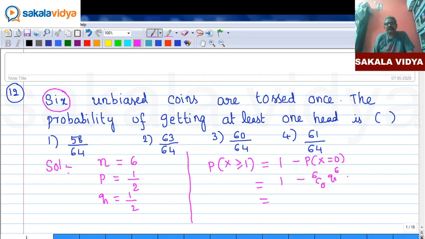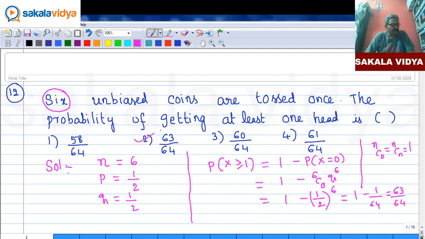So this is 6 C naught is n C naught equal to n C n equal to 1, this will be 1. 1 minus q is 1/2 power 6, this is equal to 1 minus 1/64. So answer is 63/64. That means second option is the right option.